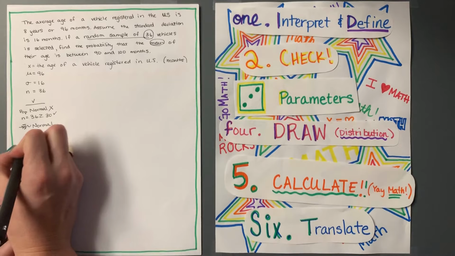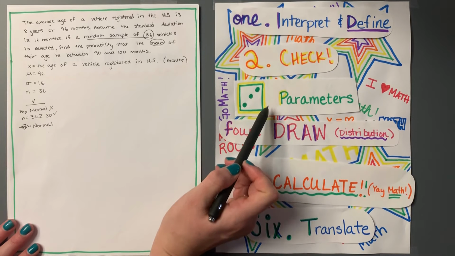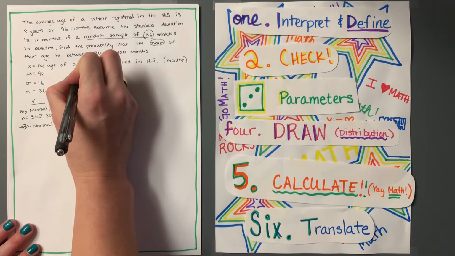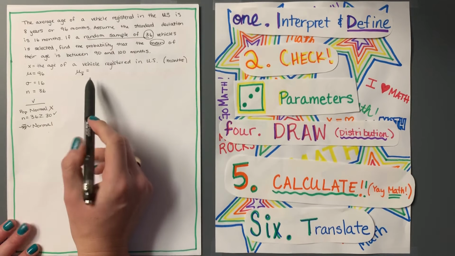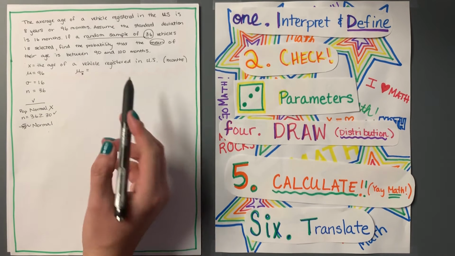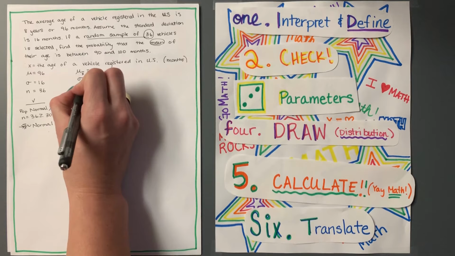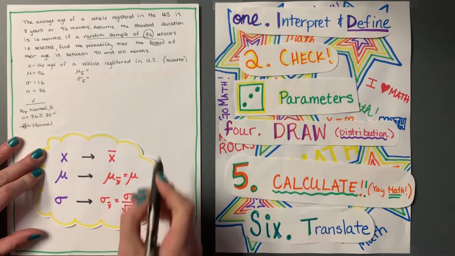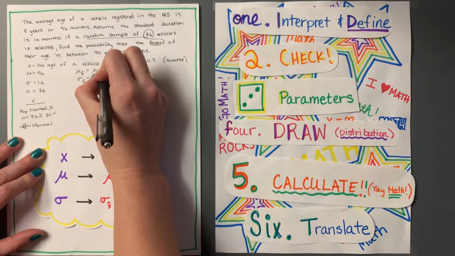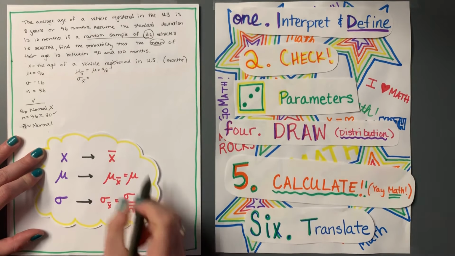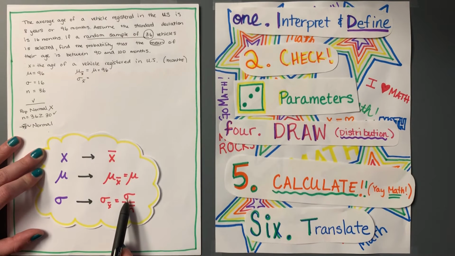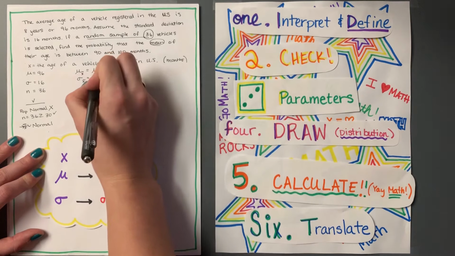Okay, so I've got approximately normal. Now I need to find my parameters: the mean of my sampling distribution and the standard deviation of my sampling distribution. The mean of the sampling distribution is equal to the mean of the population, so that's 96. The standard deviation of the sampling distribution is the standard deviation of the population divided by the square root of n.